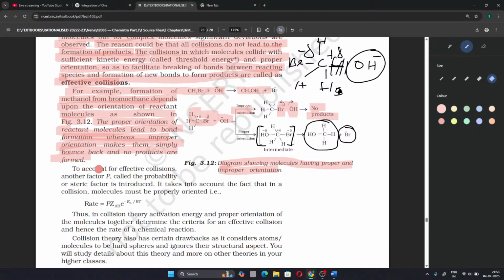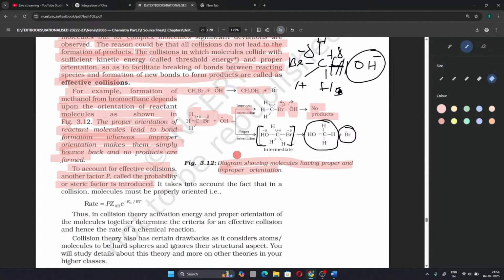To account for effective collisions, another factor P, called probability or steric factor, is introduced. We can define threshold energy based on energy needs, activation energy needs, and basically it will come under that category. That threshold energy is reached when all the molecules have a certain amount of energy.